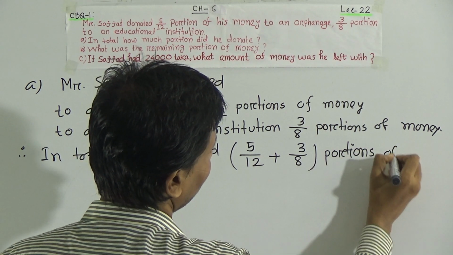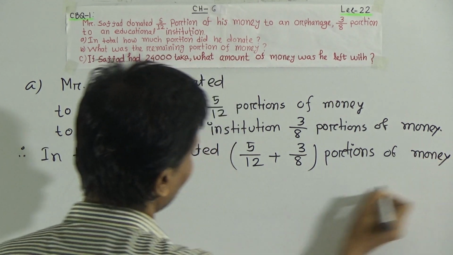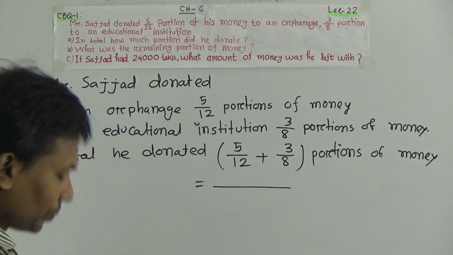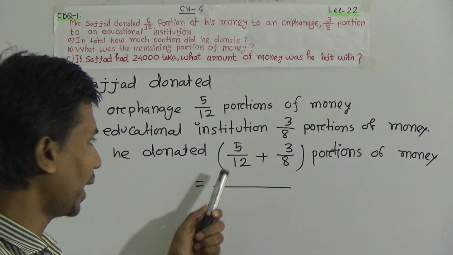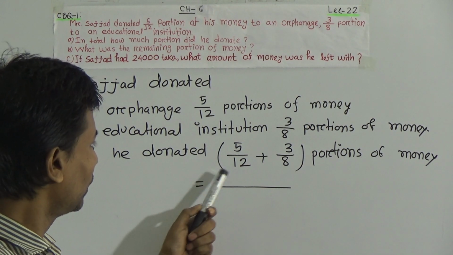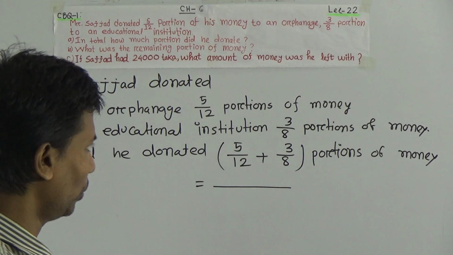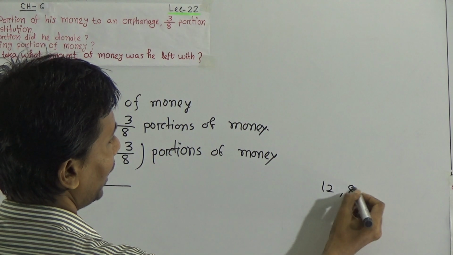Look, you see the number 12 and 8. Now we have to add this, but at first we have to find the LCM of 12 and 8. Okay, do the LCM of 12 and 8.